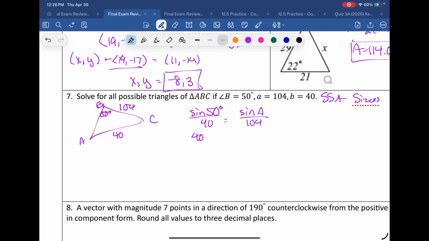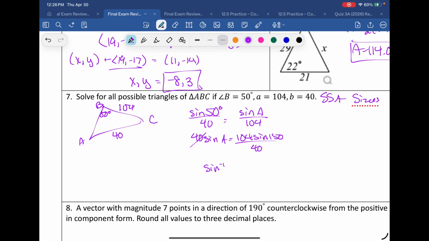Cross multiply. And then we're going to take an inverse. You can write that down or not. I'm not going to.